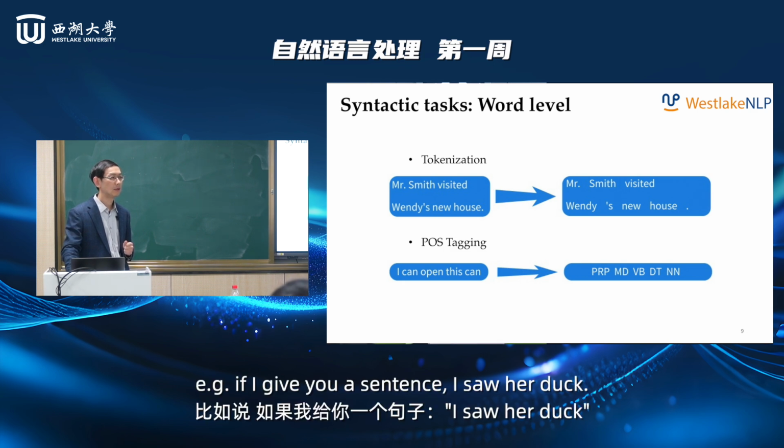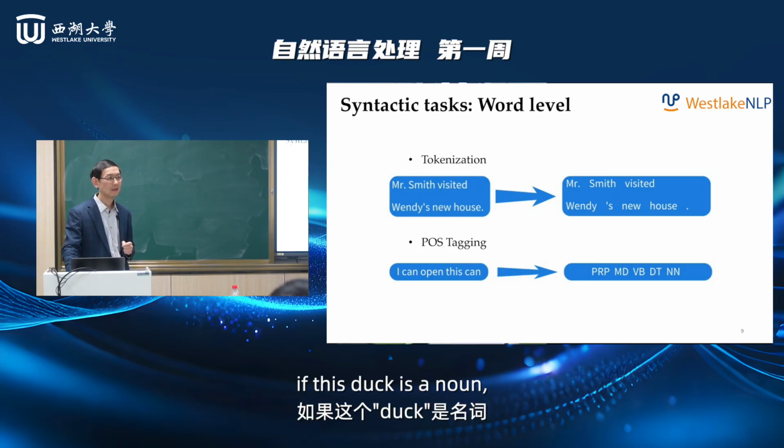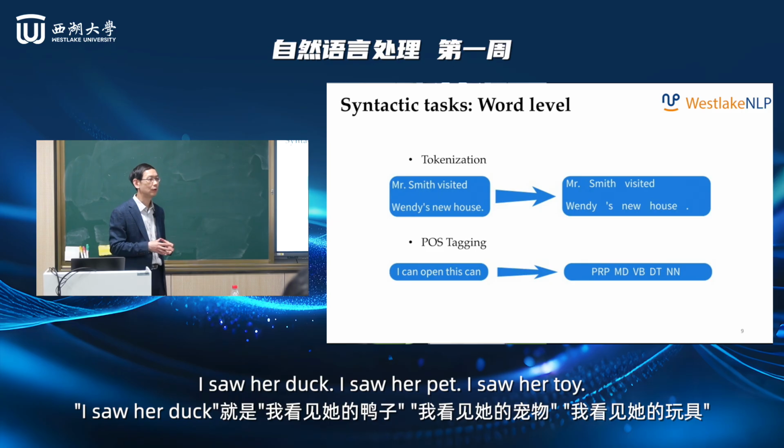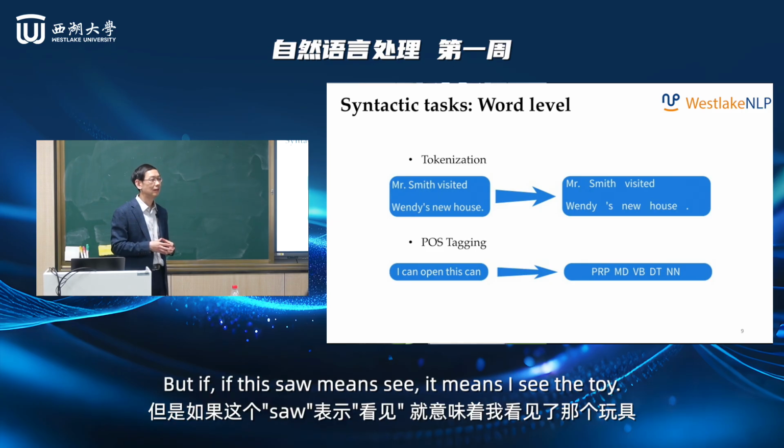For example, if I give you a sentence, I saw her duck, okay? If this duck is a noun, right? I saw her duck, I saw her like pet, I saw her toy. But if this saw means see, it means I see the toy.